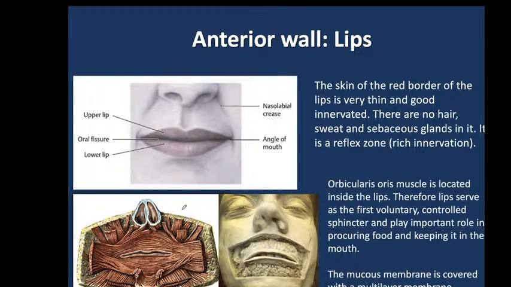The lips, or labia in Latin. Labia is the plural. The singular is labium. This is the simple name, but the plural name is labia. It means fleshy borders.